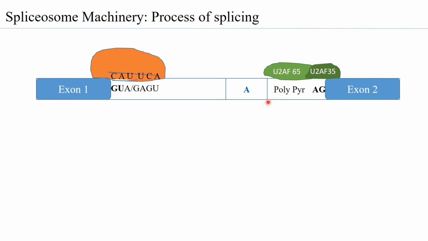So they bind to the intron in such a way that the U2AF65, that is the larger subunit of U2AF, is actually binding to the polypyrimidine region of the intron. And the U2AF35 has within its structure amino acids that specifically can bind to the 3' splice site. That is the AG, conserved AG, can bind to a set of amino acids present in the U2AF35.